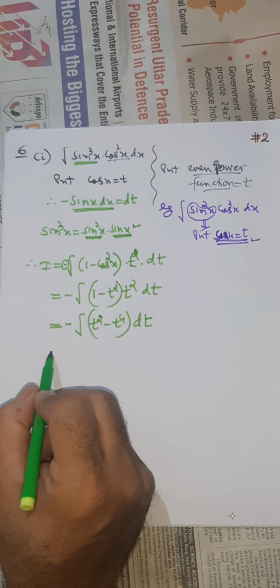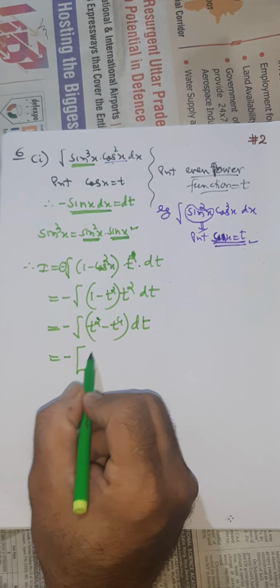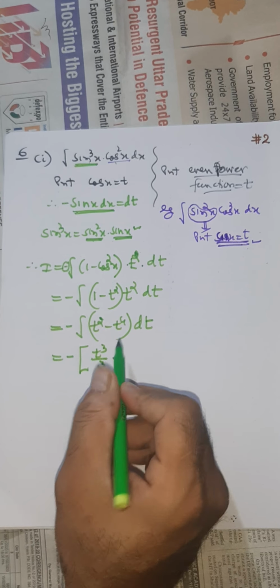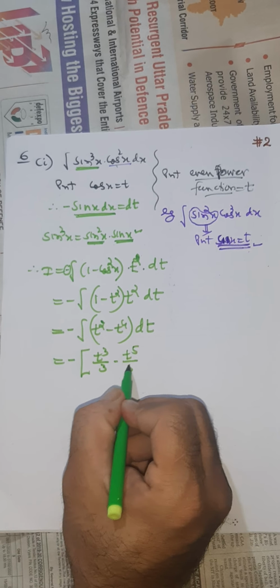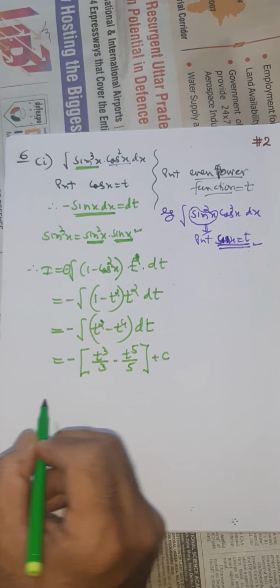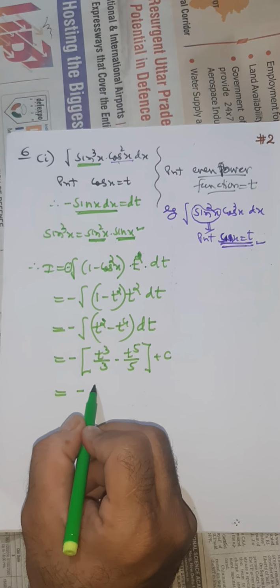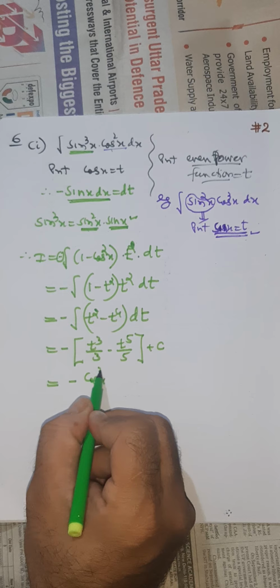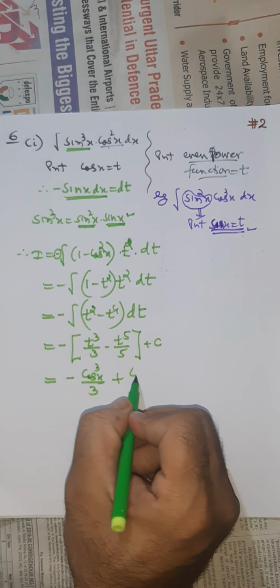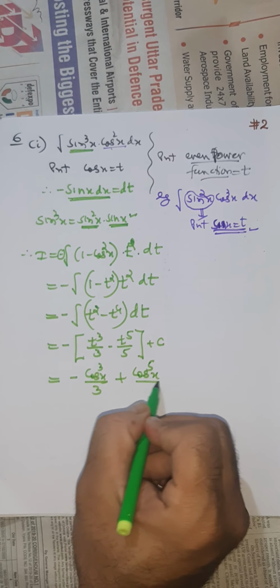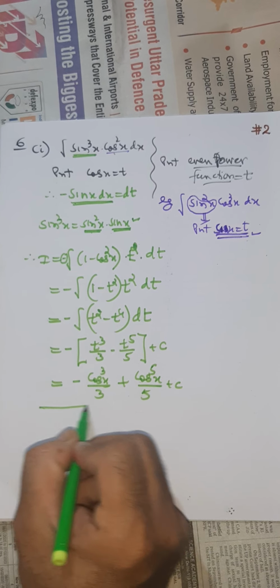Right? Now integrate this. Minus sign as it is. What's this? T cube by 3 minus t raised to 5 by 5 plus c. So minus, what was t? That is cos x. Cos cube x by 3 plus cosine raised to 5 x by 5 plus c. That's the required integral.